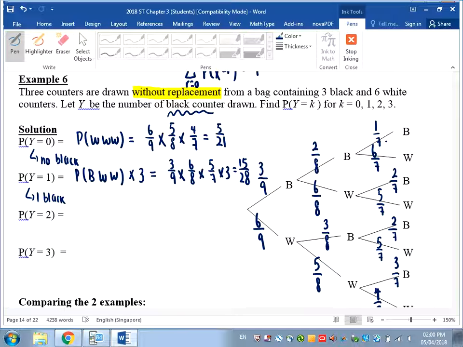You can easily show that if I were to find the probability of white, white, black, for example, it will still be the same value. Which is why I can just multiply by 3.